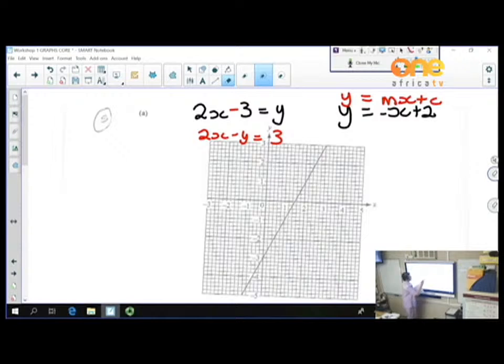Now, if we look now at these 2 graphs, this one, your c value here is 2. And in this case, the c value is negative 3. So if we look at this graph here, there's the negative 3. So that's how I know that this line that we have here is 2x minus y is equal to 3.